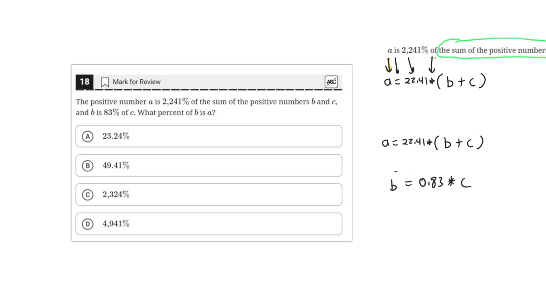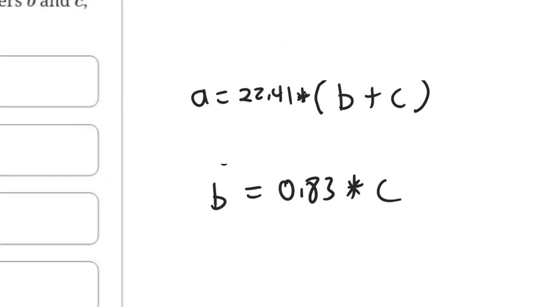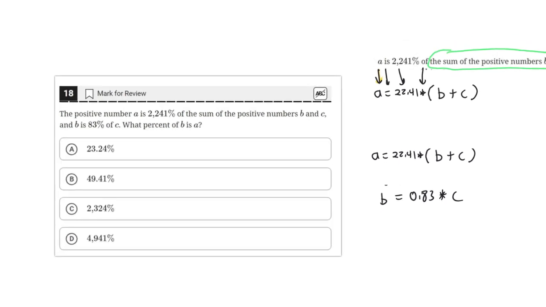What percent of B is A? Okay. So ultimately, we're dealing with a system of equations, okay? And they're asking what percent of B is A? Well, I'll just say from experience that since they're only mentioning two variables here, we want to create a scenario where we're only dealing with those two variables, but the problem is we have this pesky C that's hanging out in our face.